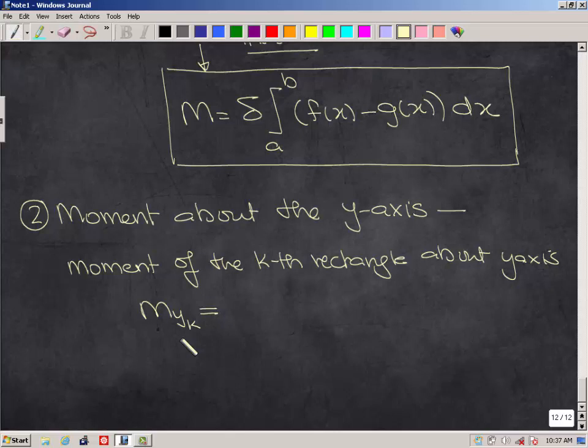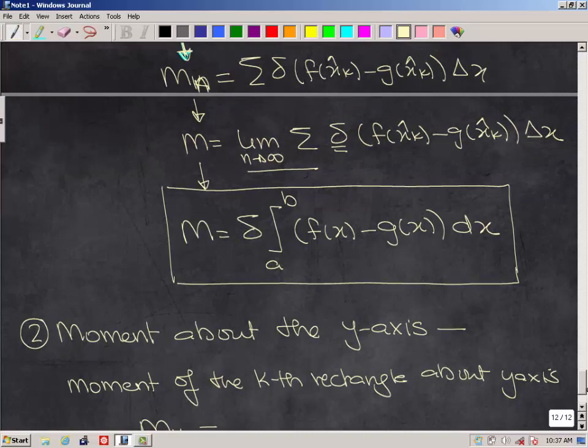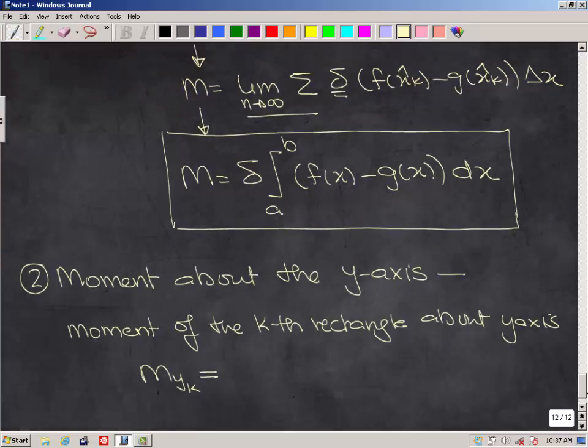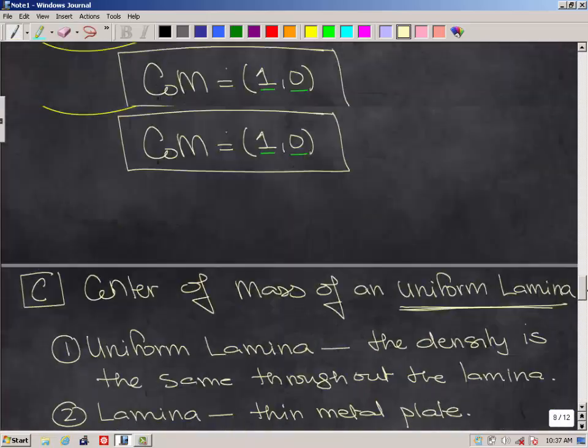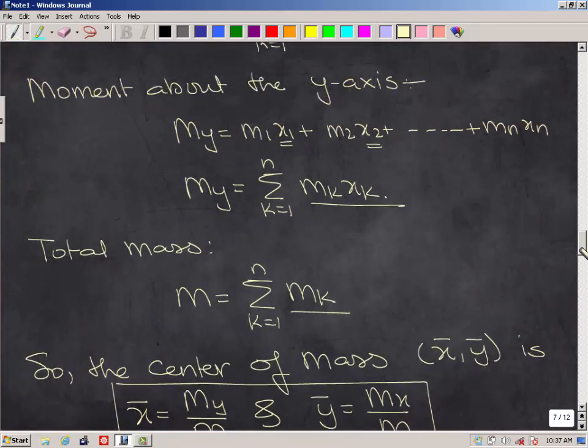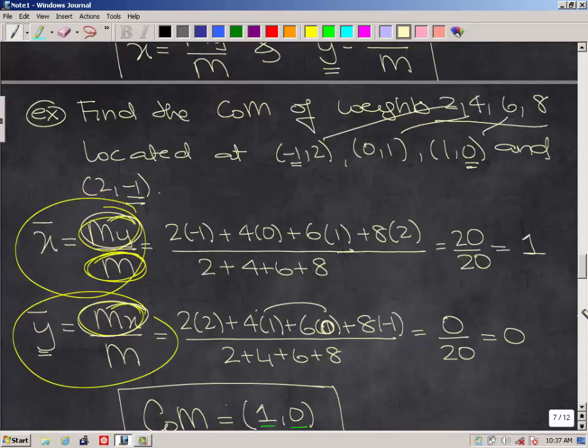It was always the distance from the axis of rotation times the mass, right? That's what we call the moment, if you recall. It was mass times the distance from the axis of rotation. If it's rotating about the y-axis, the distance from the y-axis is called x, right? So that's why we had that. So it's a product of that.